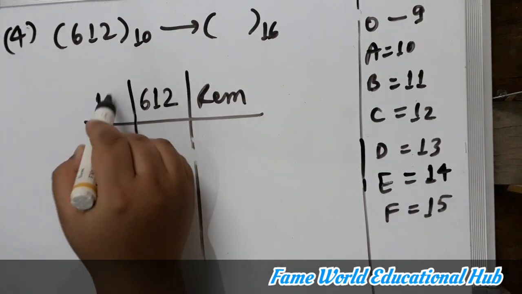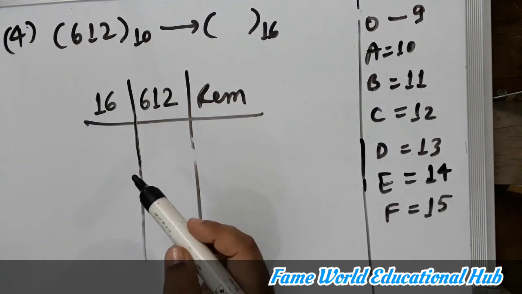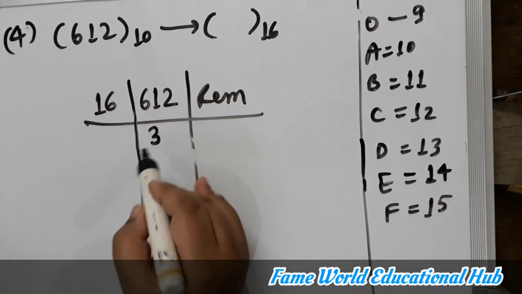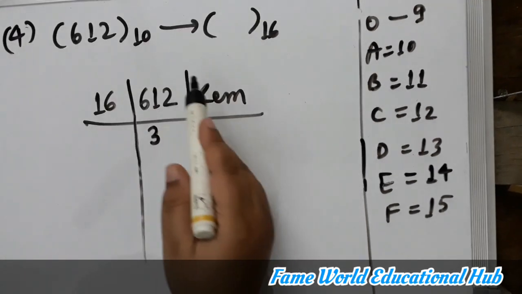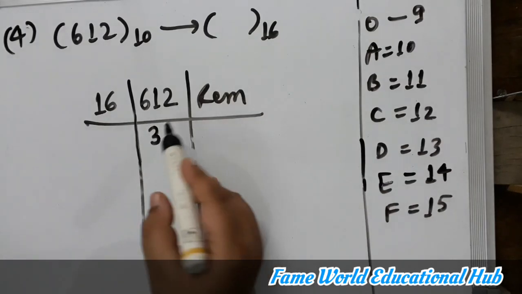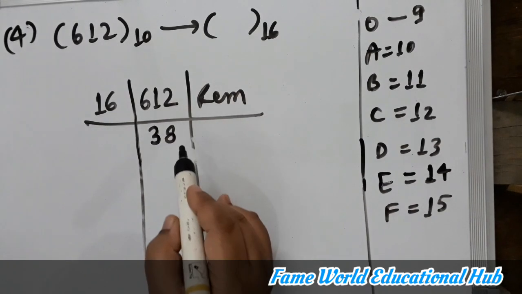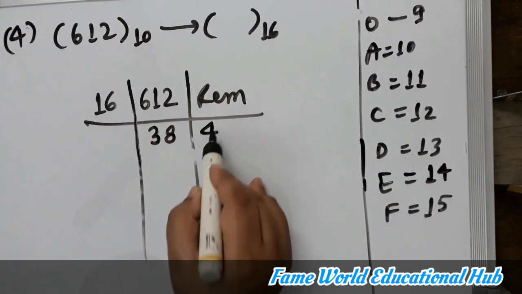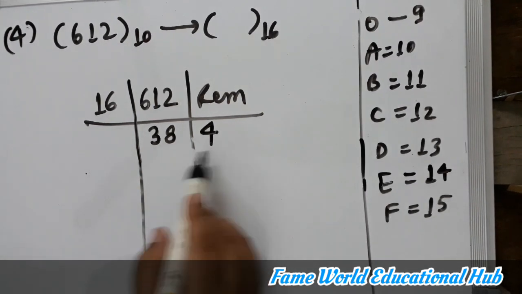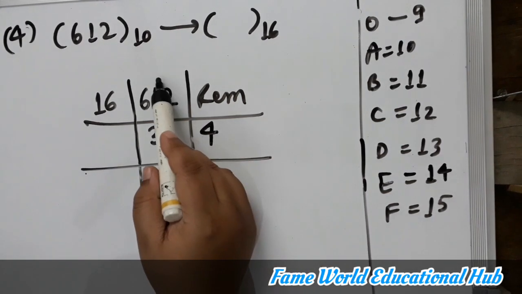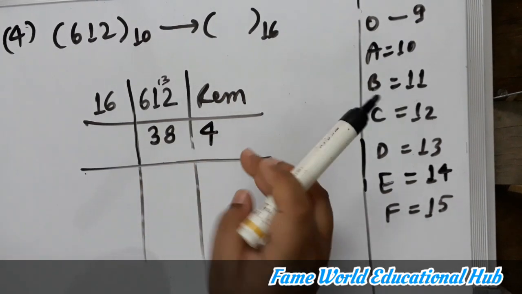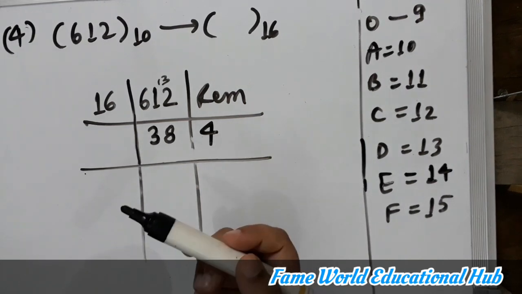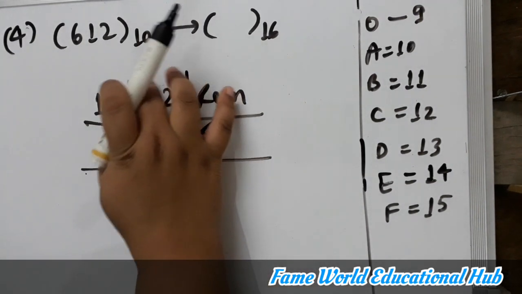Now here I am going for 16 into 3, that would be 48. And then we will be getting 13 as a remainder, so we will be getting 132. Then for that I am going for 16 into 8, that is 128. So we will be getting the remainder 4, because here we have 132, so we go for the 8, that is 128, and we get the remainder 4.